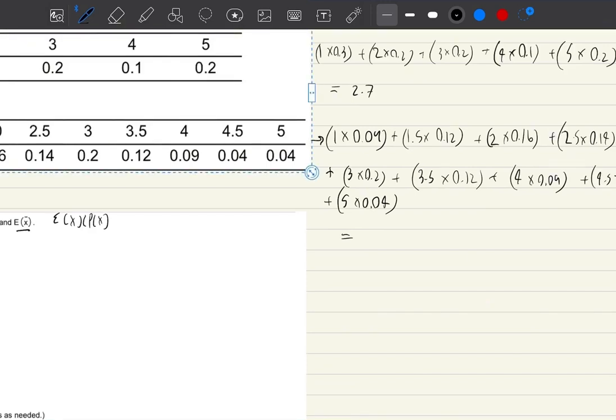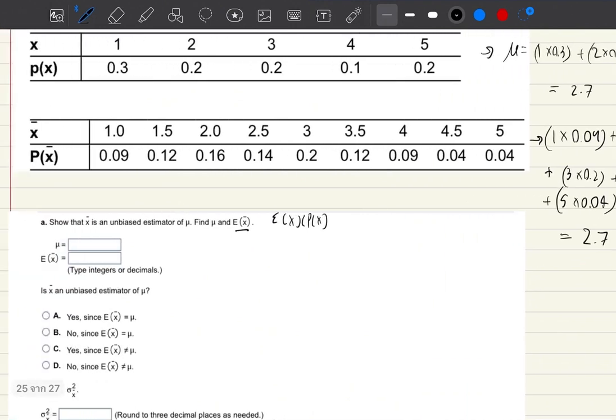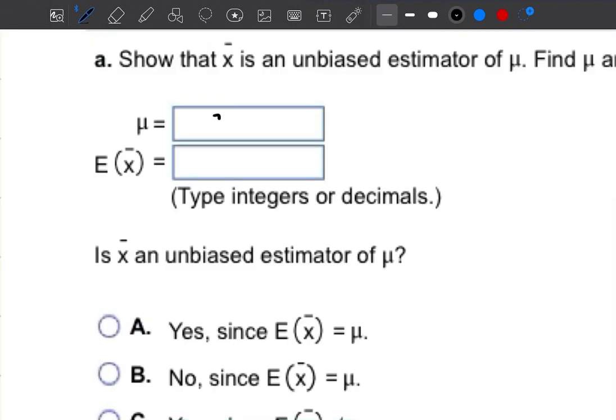And this will equal 2.7 also. So from here it's going to be 2.7 and here it's going to be 2.7.